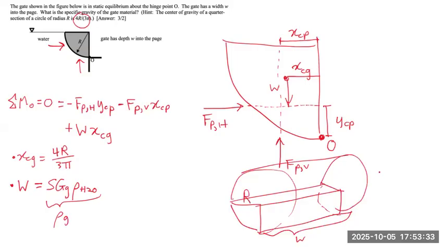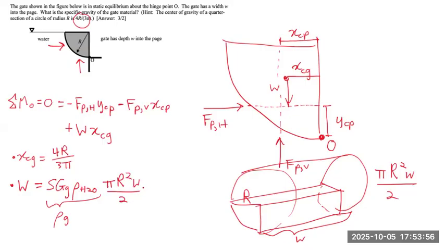So volume of cylinder is pi R squared times W, and then you divide it by 4 to get the volume of the gate. So we have the density of the gate, and if we multiply that by the volume, which is pi R squared W over 4, we should get mass.